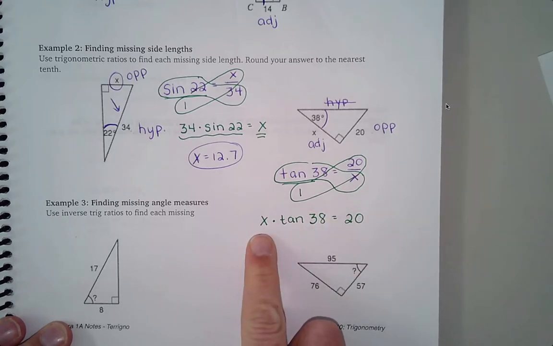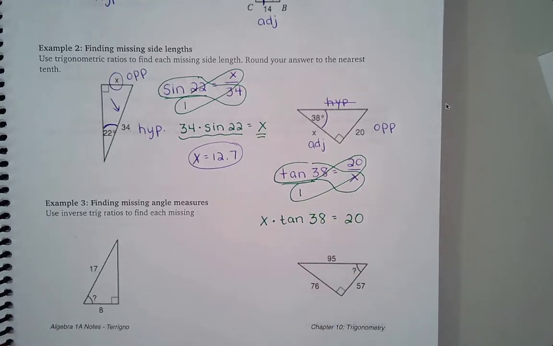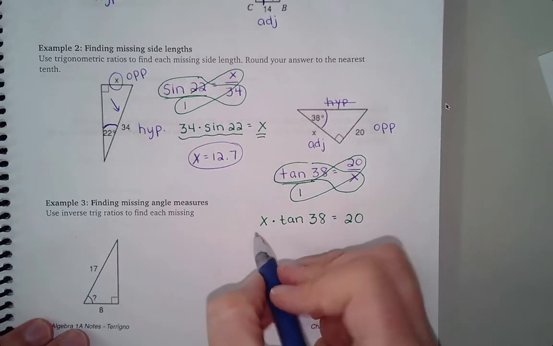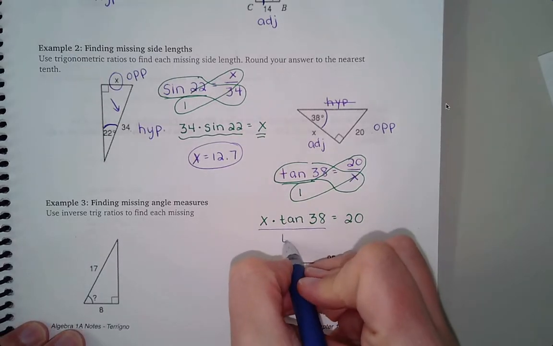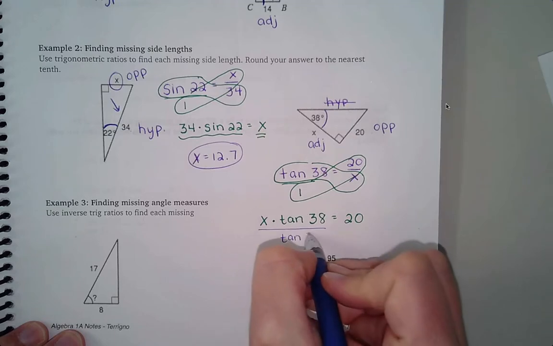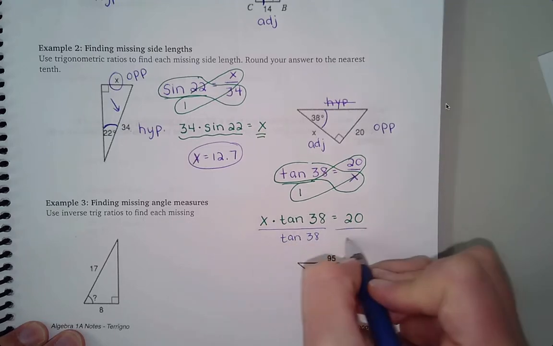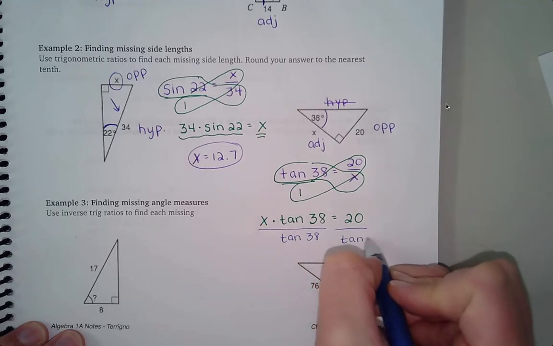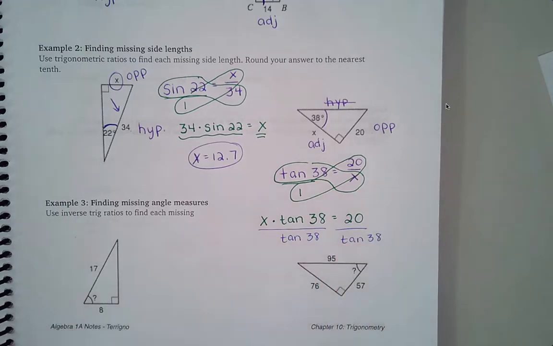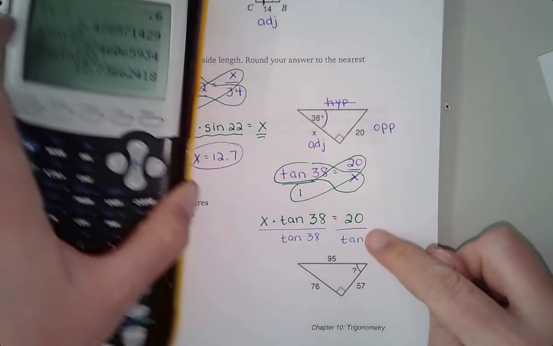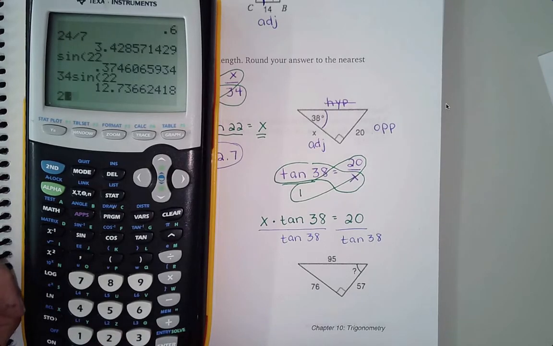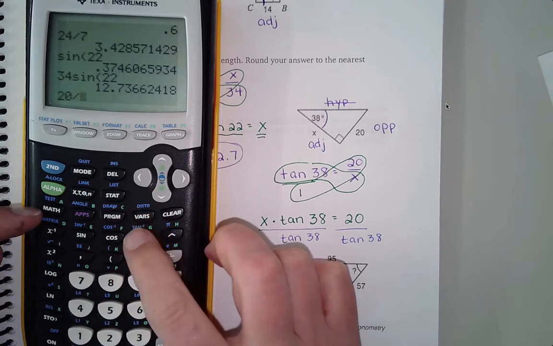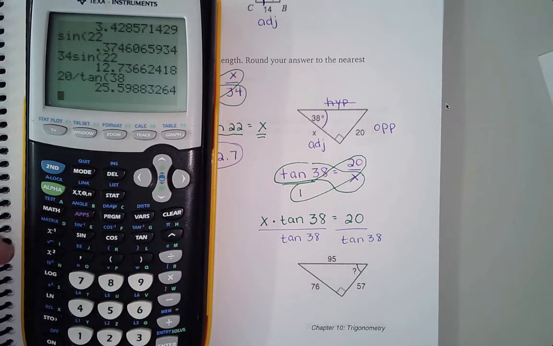And then if I'm trying to get x by itself, I would divide by tan 38. So in my calculator, this is what I'm doing: 20 divided by tan 38. And I get 25.6.